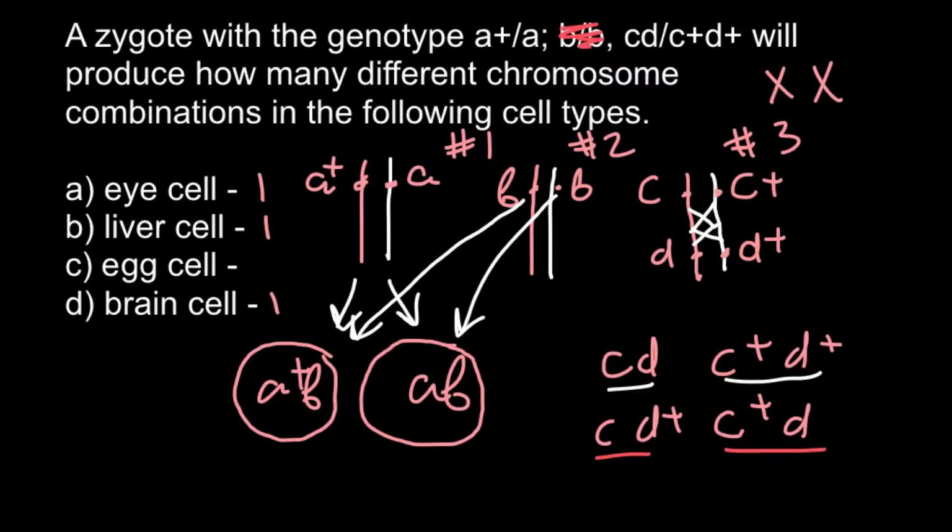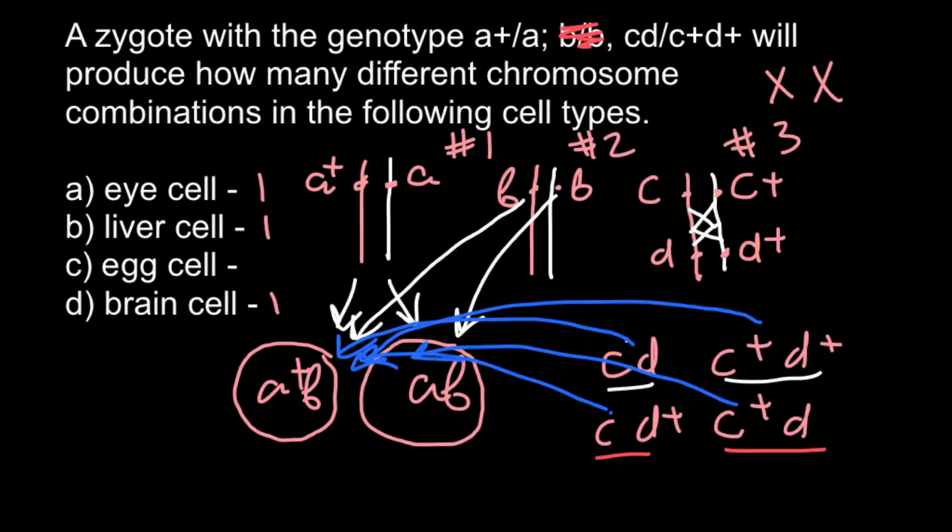So how many different gametes we can see here with different genotypes. And here would be, so let me use a different color. So this would be one combination, and this is going to be A plus B and CD. And here would be second combination, that is going to be A plus B, C plus D plus, and this is going to be third variant and fourth variant.